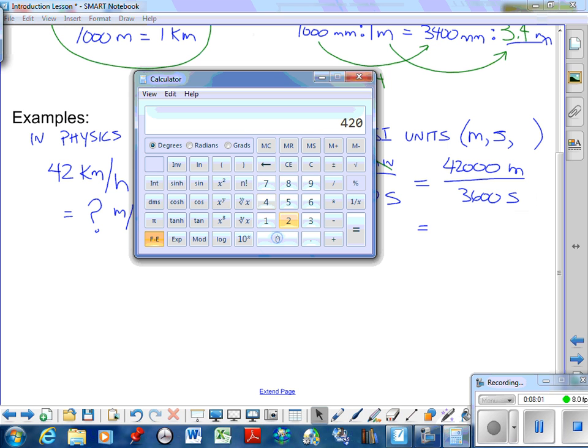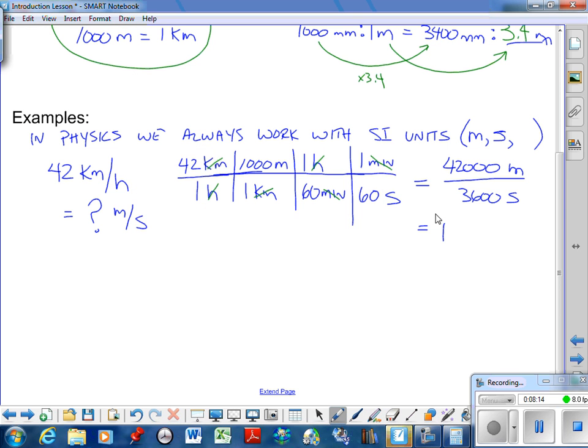So 42,000 divided by 3,600 equals 11.7 meters per second. Okay. What I'm going to do though is let's just chunk it down.